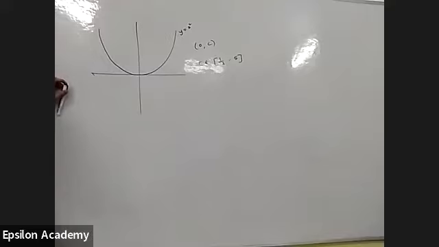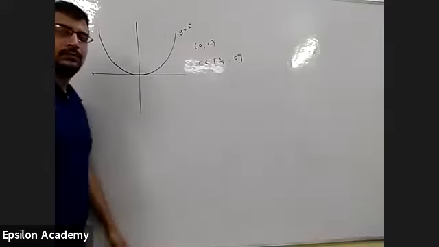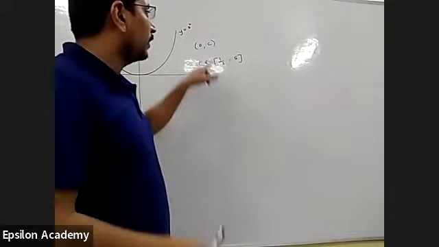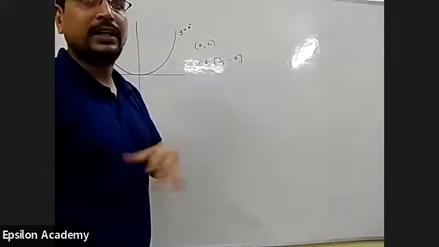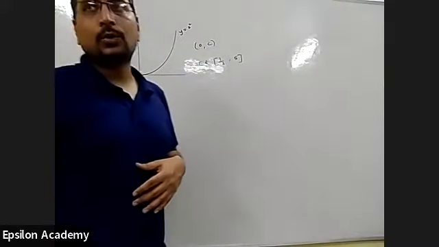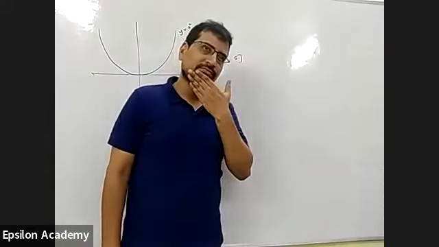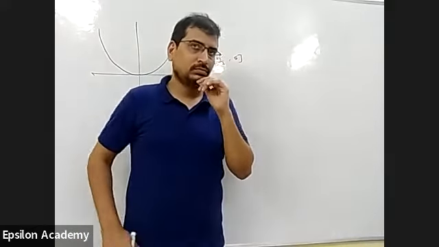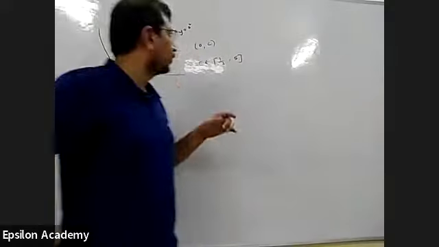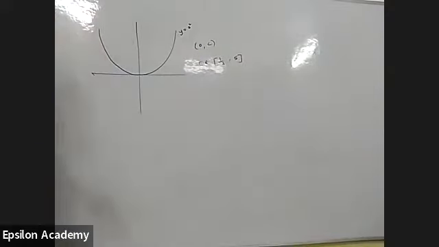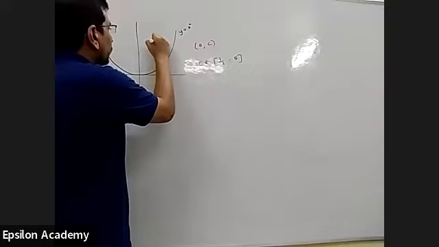Shortest distance. Did you understand what is the meaning of this? See, had it been a fixed point 0, comma c, can you use the word shortest distance? No, you can't. So let's say that point is 0, comma c.